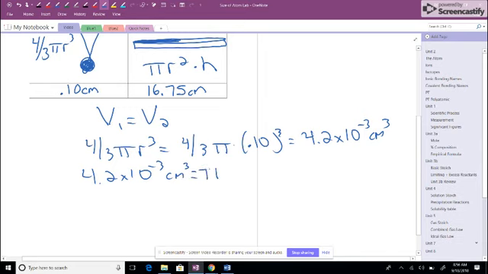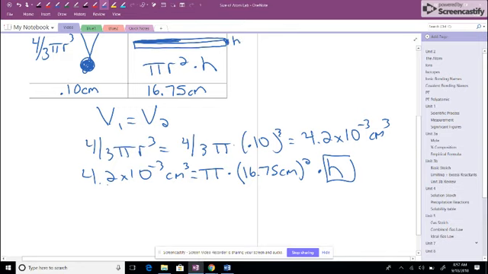Now that pi is there. Now this r squared would be the radius of this cylinder. So now we're looking at 16.75 centimeters squared, and then times the h. My goal here is to calculate the height of this molecule right here, this height h.